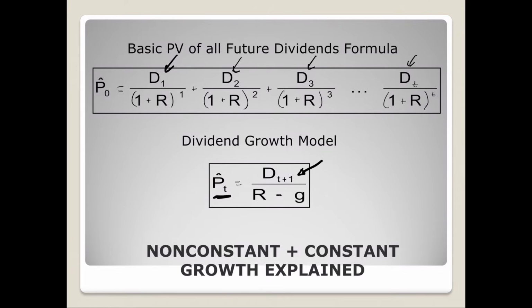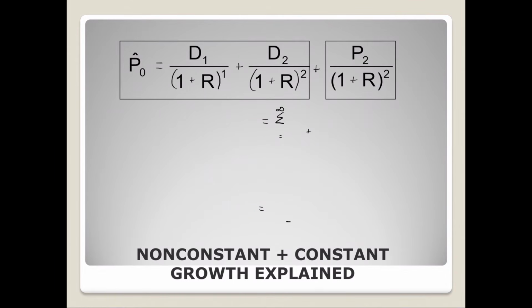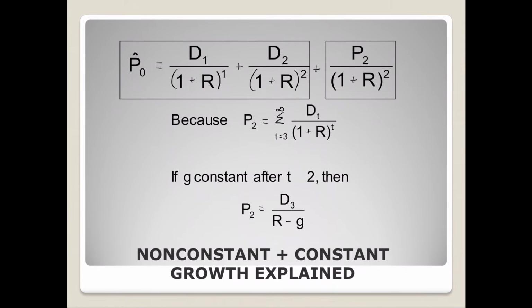And what we do is we combine these two models. So what we first do is we take all the dividends during the non-constant growth, this is your general dividend valuation model, plus the price when the growth becomes constant, understanding that this price is equal to all the dividends discounted back at the appropriate number of periods, growing at a constant growth rate.